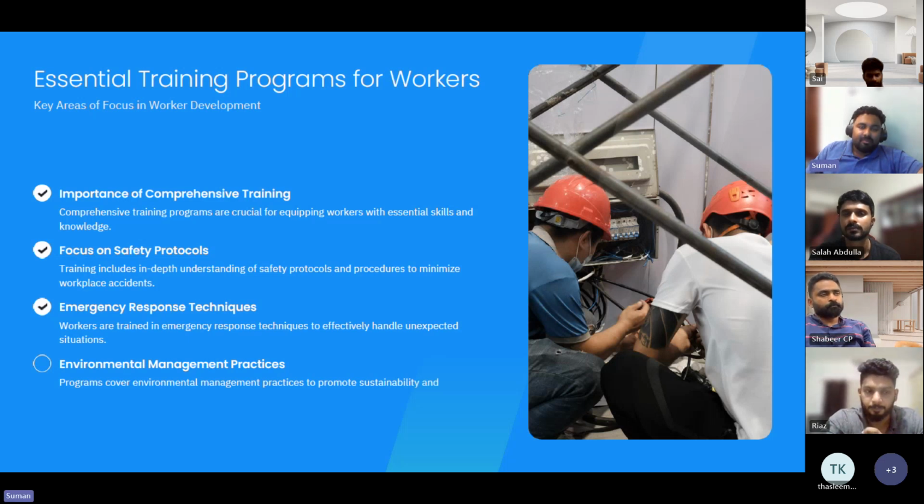In the HSE part, the training is a key part. Why? The workers may be in mega projects like nuclear construction, nuclear build, or even during the operation, and the training for the workers is a key aspect to measure the HSE performance.